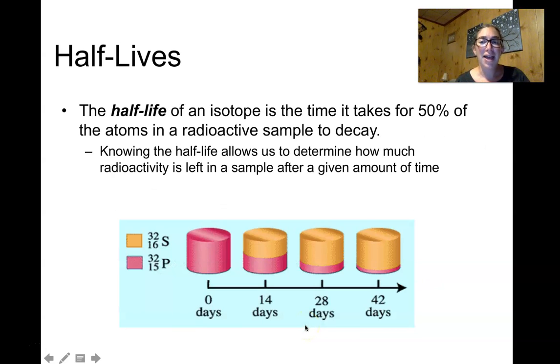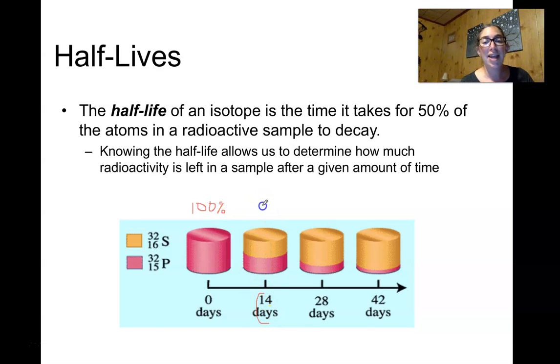So the half-life is defined as the amount of time that it takes for half of the radioisotope to decay. So for it to go down 50%. So if on day 0, you got a fresh sample of some radioisotope, you have 100% of it radioactive, all right? In this case, the half-life is 14 days.